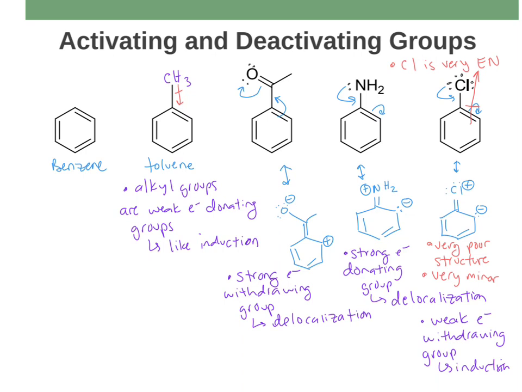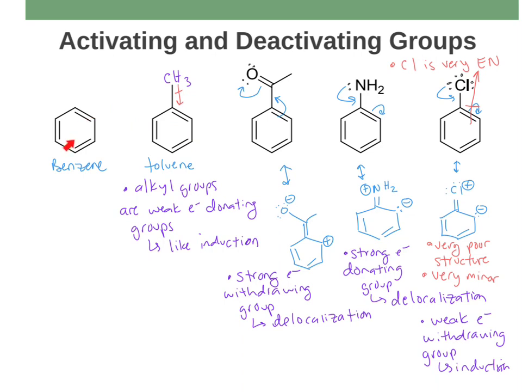So here's how you want to interpret these different groups, right? What I want to do is put this on a chart in a second, but before I do that, I just want to make sure we have this ordering right in our heads. Toluene compared to benzene, toluene is going to react faster because it has an electron donating group in it.